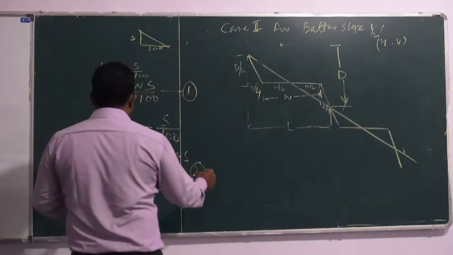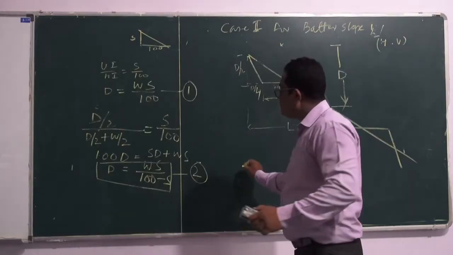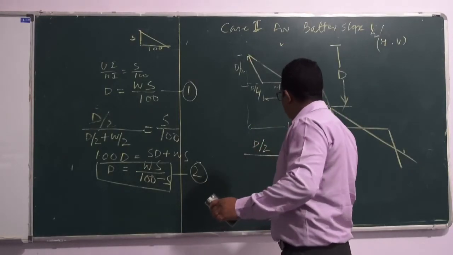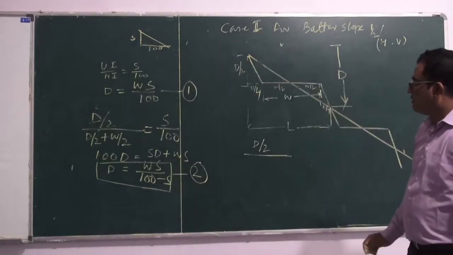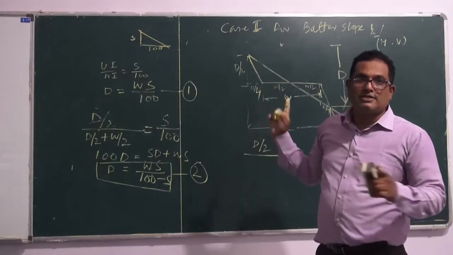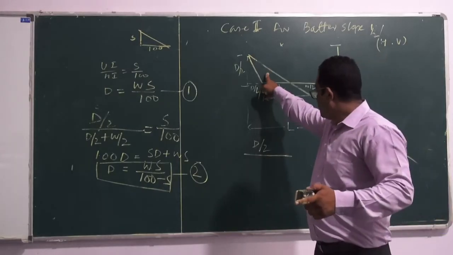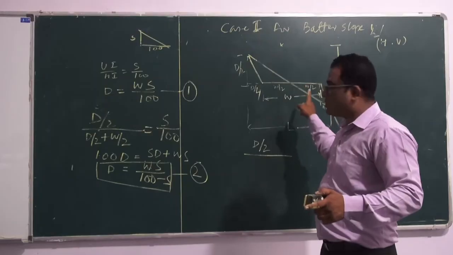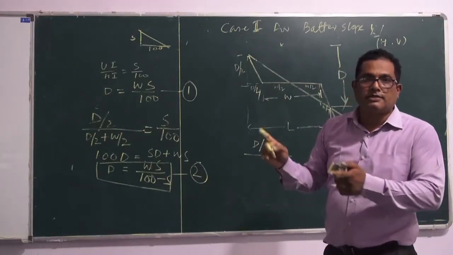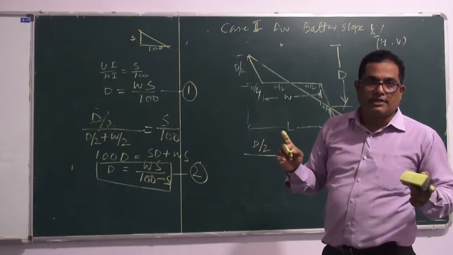So again putting that for the third case, it's again the case of a similar triangle. So D by 2, vertical by horizontal is the slope expressed in percent.